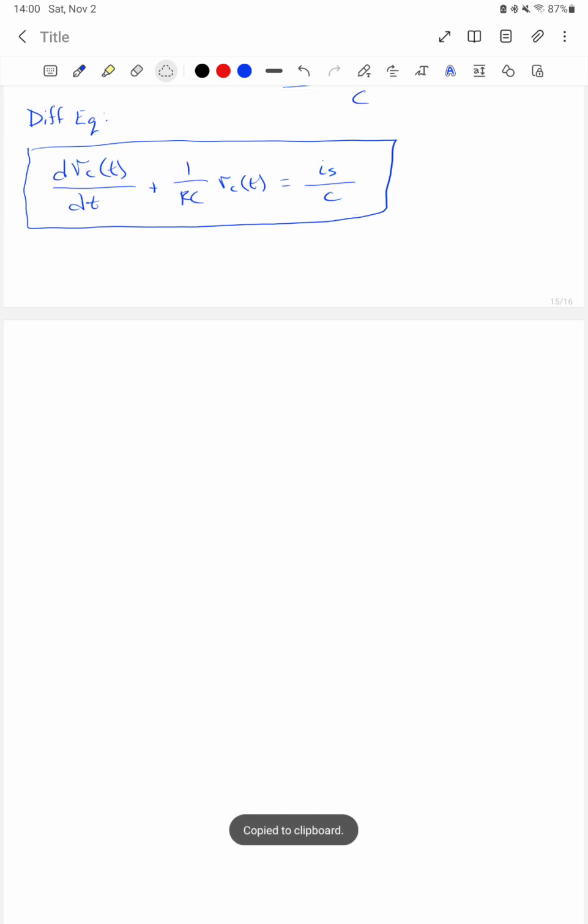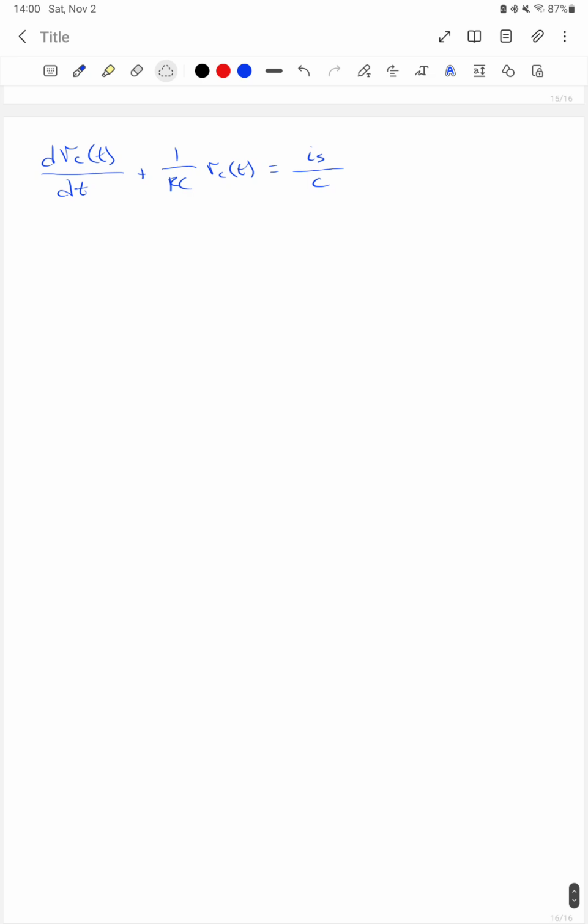Let's copy this and bring this down to here. So for 0 input, the key here is that we're not going to have any inputs. It sounds obvious, but let's redraw our Thevenin equivalent. And so this time we're going to have a current source of 0 amps, still with this resistor in parallel.